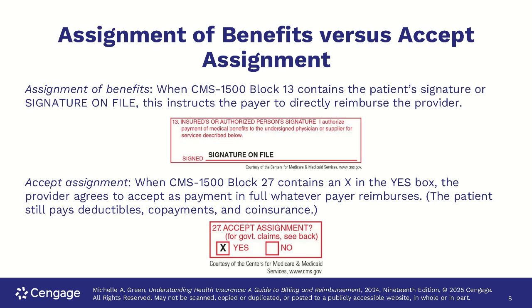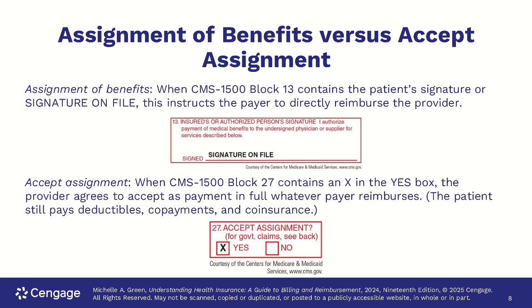All right. So on the claim form, there are some blocks on the 1500. On the 1500, the little boxes are called blocks. On the UB-04, they're called fields or form locators. There are certain blocks on the 1500 claim form where we can say things like signature on file or accept assignment because of things that were done before the claim is submitted.